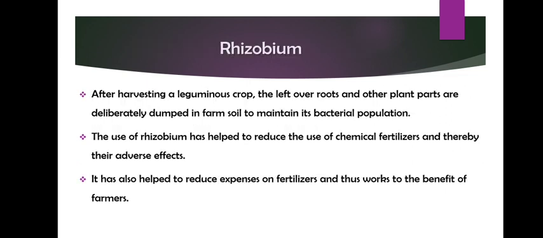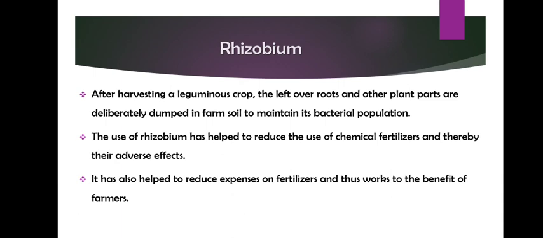Now, after harvesting a leguminous crop, the leftover roots and other plant parts are deliberately dumped in farm soil so that you can maintain its bacterial population, because rhizobia are very good for the soil. So the use of rhizobium has helped to reduce the use of chemical fertilizers.